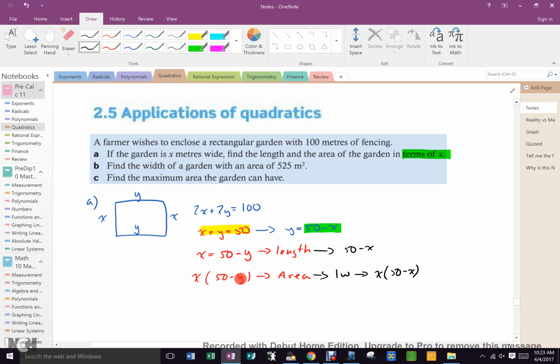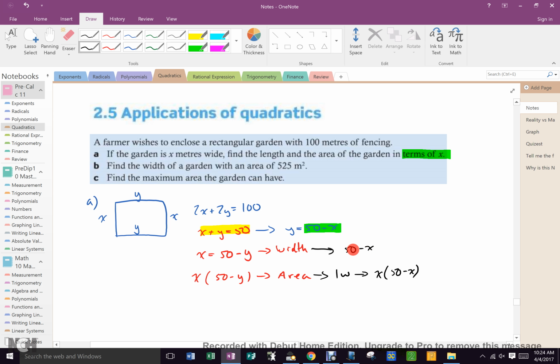I don't need x. This should have been y, right? Because length times width. I needed this to be my length. This should have been x is 50 minus y. Okay, got it. So that should have been width. There we go. Now we're fixed up. Is everybody cool?